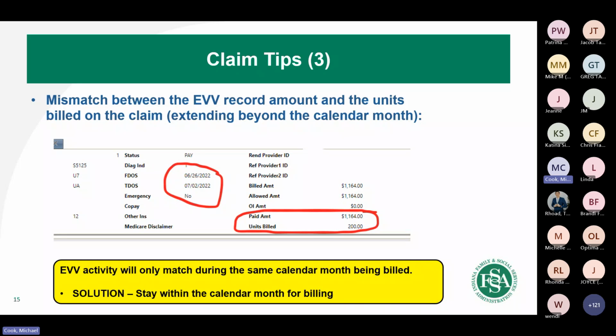The key thing to remember here is that EVV activity will only match during the same calendar month it's being billed. So if you're billing over a span of time, make sure to stay within the calendar month for billing, and that ensures that any activity that's billed that was performed in June will match the activity in the SAN data aggregator in June. The same can be said for the activity for July.